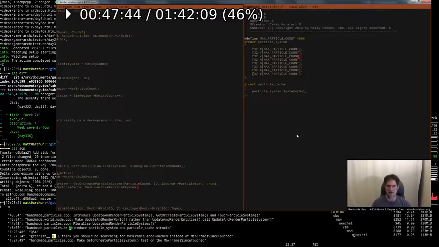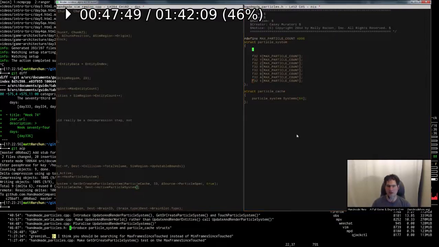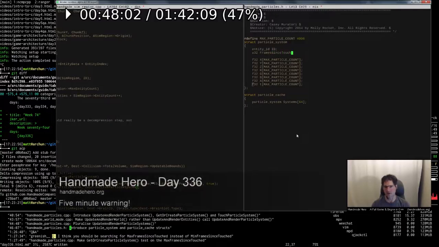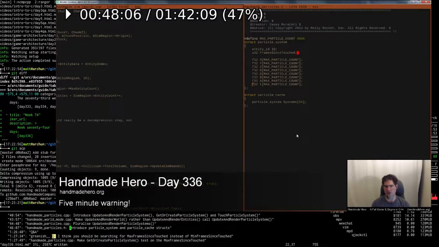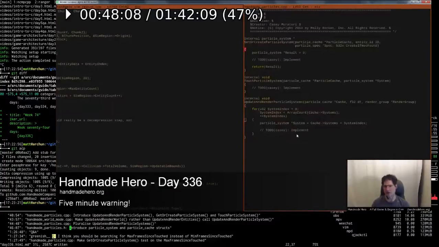Then in these particle systems, in addition to all of our arrays and such, we'll need some kind of preamble: there's an entity ID here, that's the ID of the particle system, and we'll eventually need something like the number of frames since it's been touched. We'll do something smarter with this as we go.